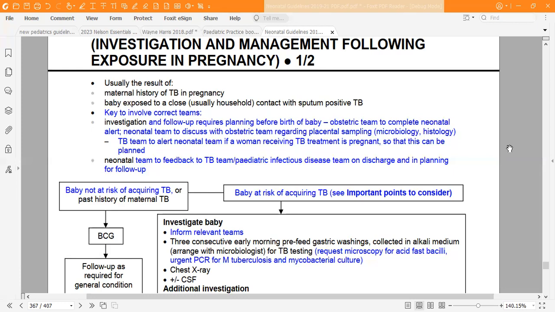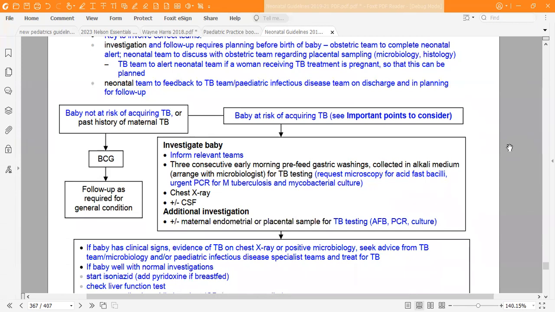These teams are very crucial in the management of a newborn baby exposed to an infected mom, or any close contact with TB infection. So it's very important to remember these names very well. So neonatal team to feed back to TB team or pediatric infectious disease team on discharge and in planning for follow-up. Okay, we have here the diagram.